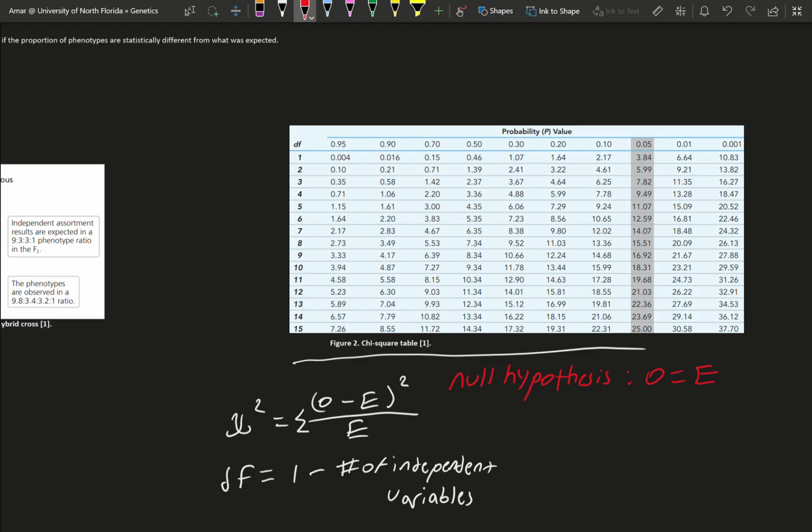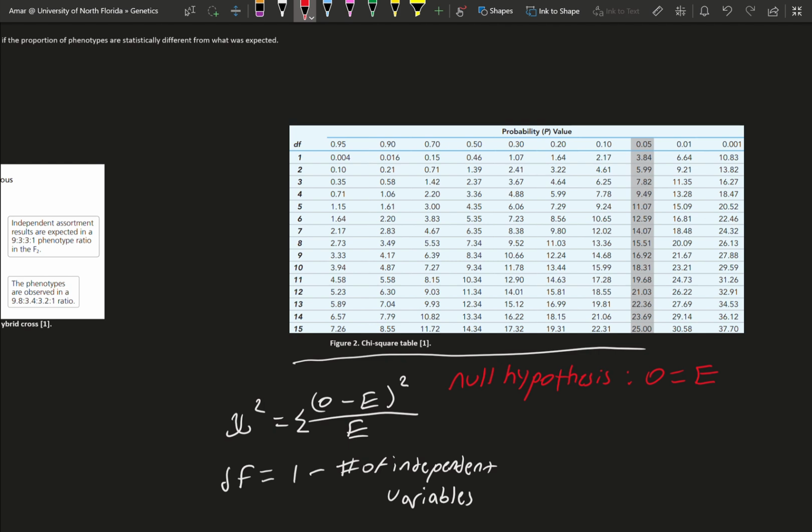So the observed data is essentially equal to the expected data. This test is going to be used for us to determine if we're going to reject the null hypothesis or fail to reject the null hypothesis. Or in other words, we're going to accept the null hypothesis. But nobody really says accept the null hypothesis, which is kind of really dumb in my opinion.